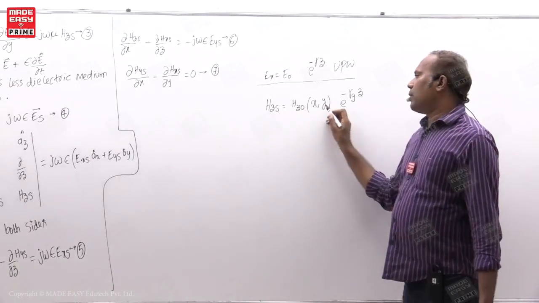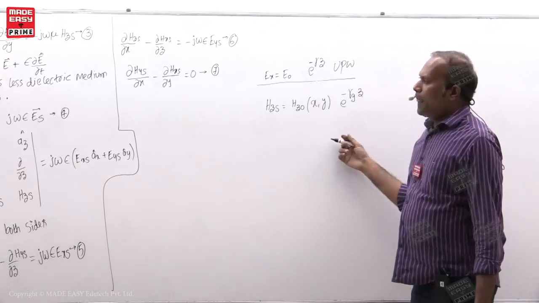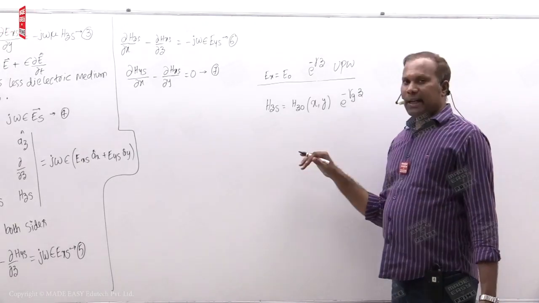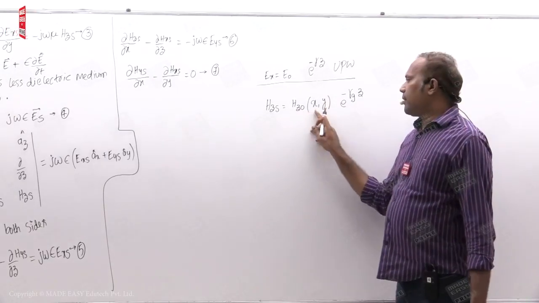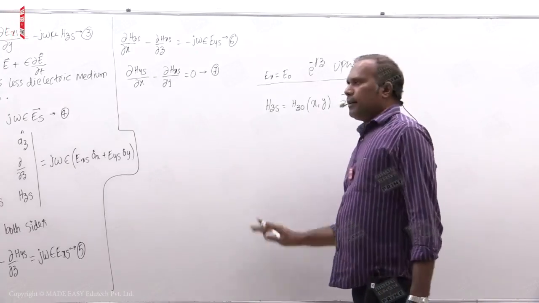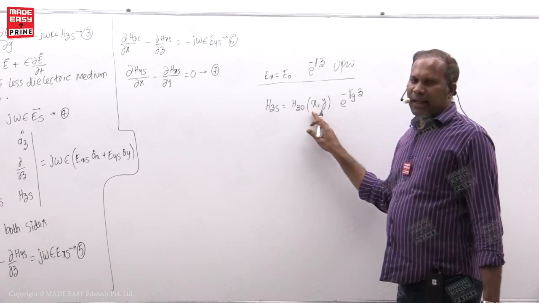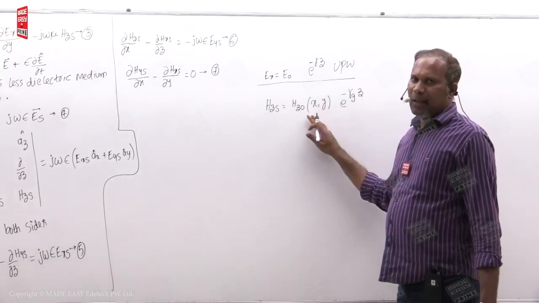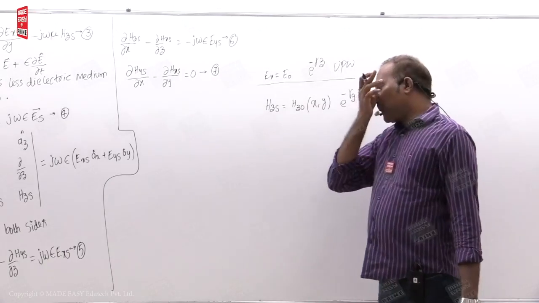So here x and y terms come, students, right? For example, if conductor walls are not there in x direction and y direction, then it is not a function of x, y. Anyway, after the derivation you will get cos m pi x by a, sin m pi x by a, cos, sin, like that terms will come here. You don't worry about that.